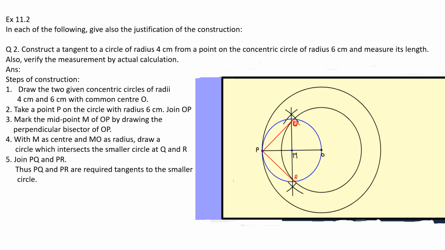Hence you can say that PQ and PR are the required tangents to the smaller circle.